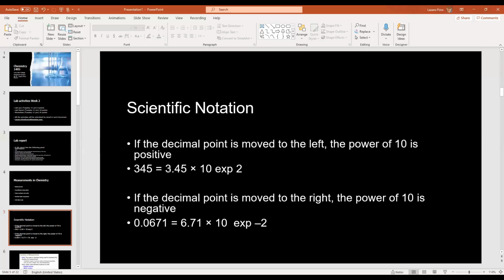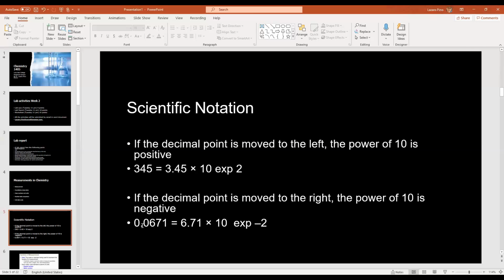This digit must be different from 0. As we move the dot 2 spaces to the left, we multiply by 10 and the exponent will be 2. That are the different steps we moved or spaces that we moved the dot to the left.